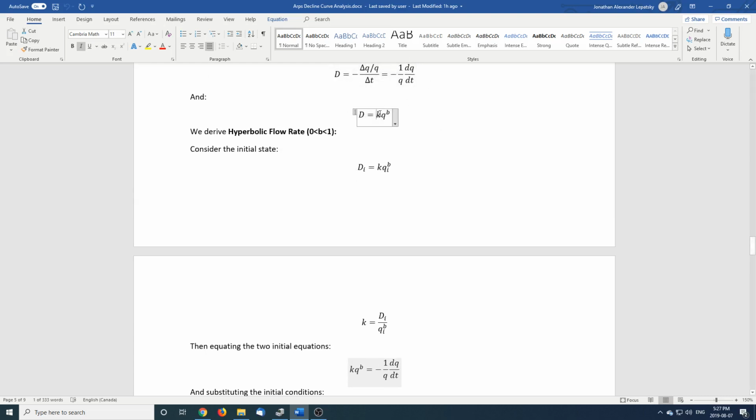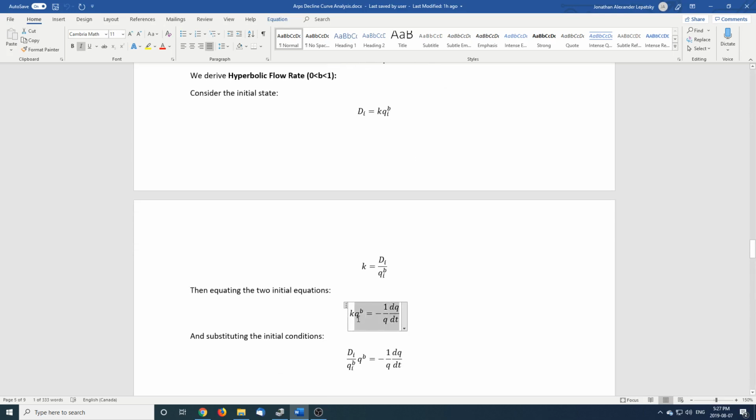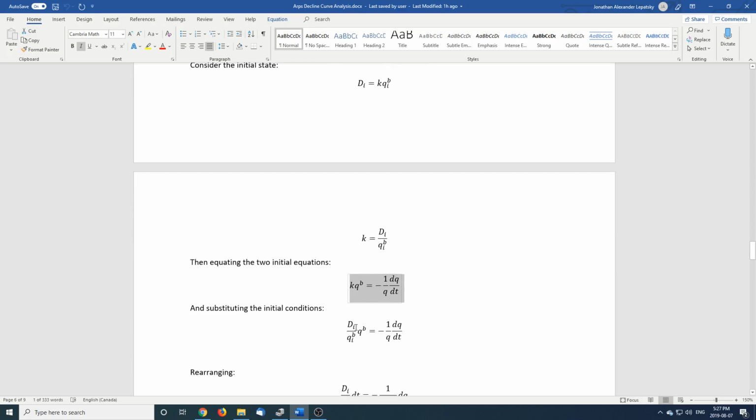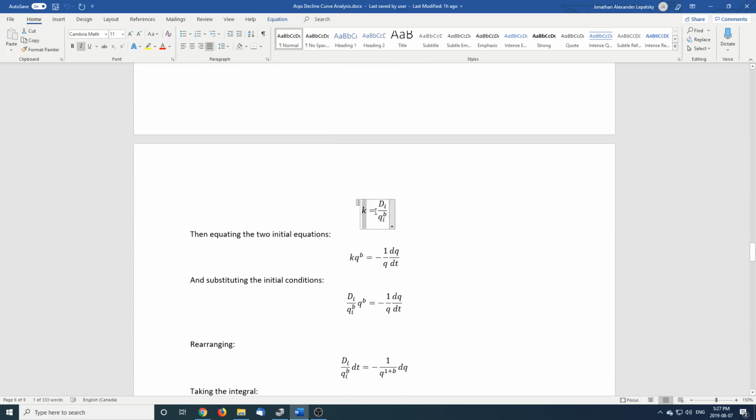So we take k q^b, and this one, negative 1 over q dq/dt, when we equate them. And then we take what k is equal to and substitute it into k. And then we get this.